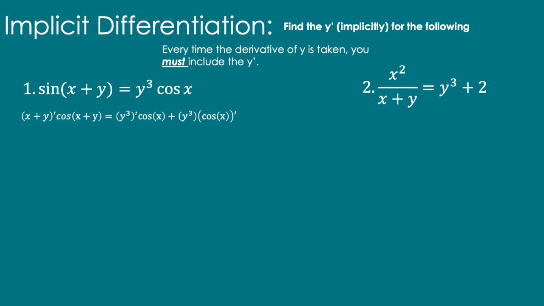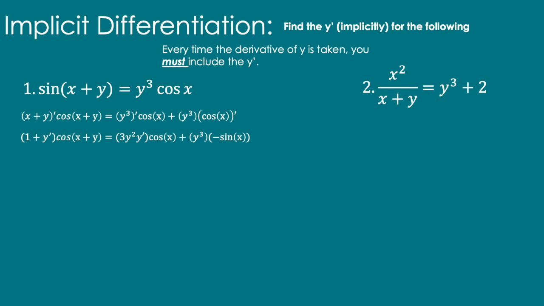Taking the derivative of the left side involves chain rule, and the right side involves product rule. For the left side, taking the derivative of the inner function, the x part is 1, and the y is usually 1 as well, but since it's implicit differentiation, you multiply the 1 times y prime. On the right side of the equation, we're taking the derivative of y cubed.